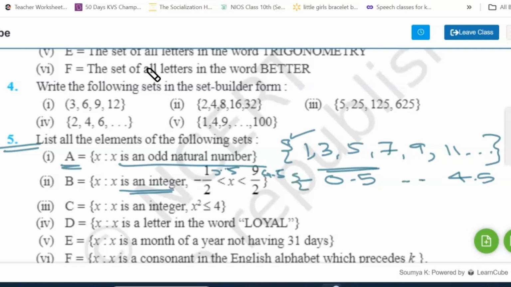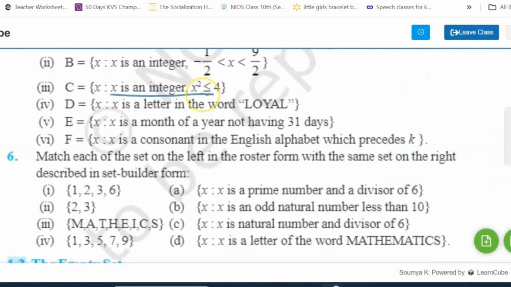This is the integer. So when you want to include this, you have to start with 0. That is the next number following 0. Then comes 1, 2, 3, and 4. Don't include both of them because it is not equal to here.